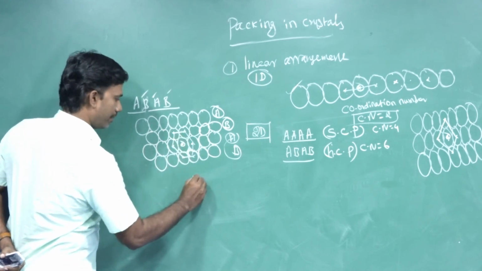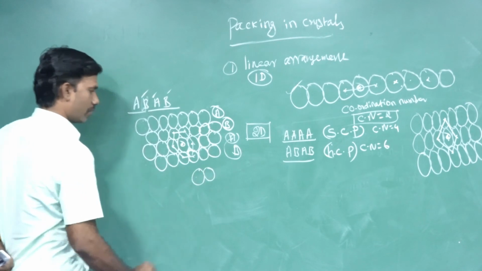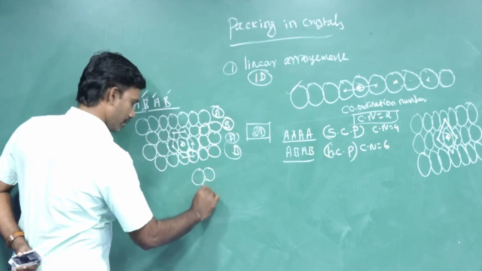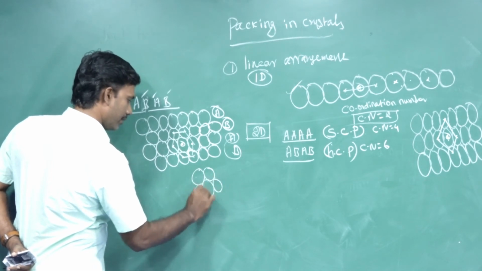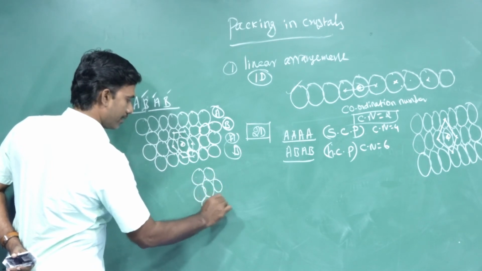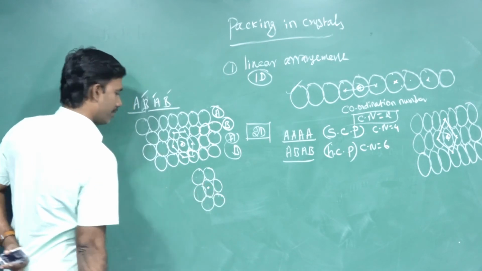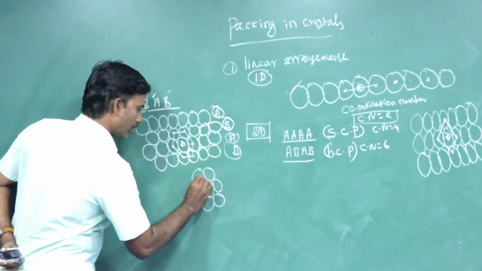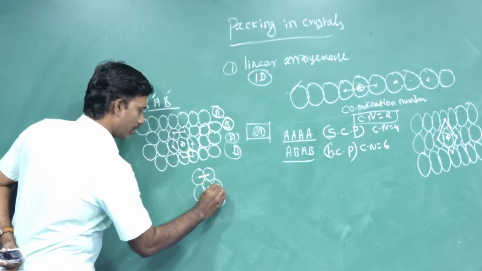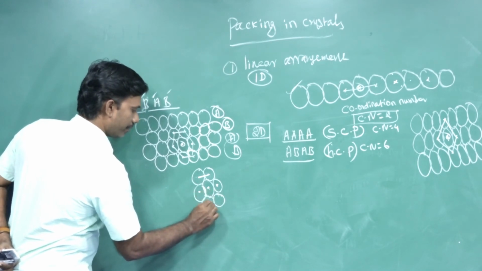Now let me draw this again separately. Above layer 2, this is our particular layer. This side will be 1, this side will be 1, again 2 layers are there. So this is our targeted sphere, and we see 1, 2, 3, 4 directly attached, 5, 6.